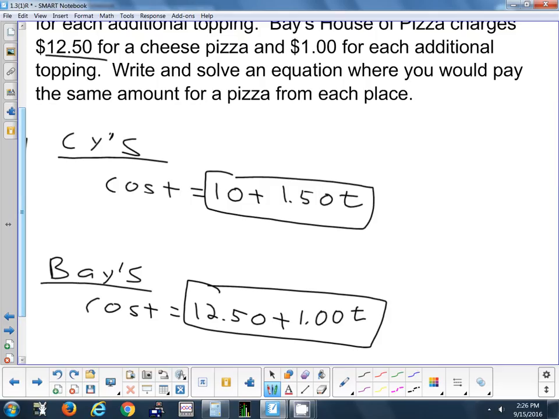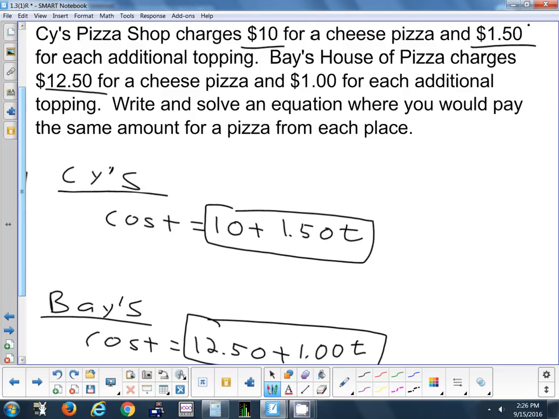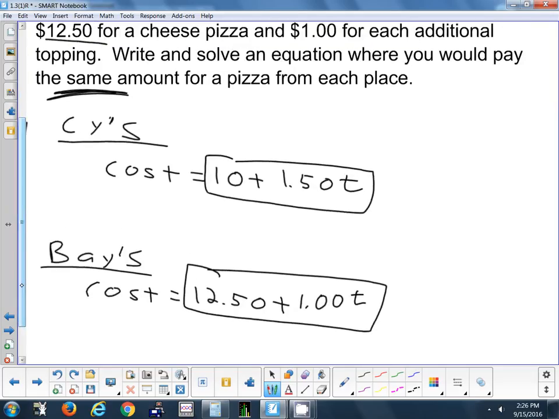Okay, any questions on the two costs? Now the question is, when would you pay the same at each place? So this is the cost at Size, that's the cost at Bay's. If these two costs are going to come out the same, what's another word in math that means two things are the same?